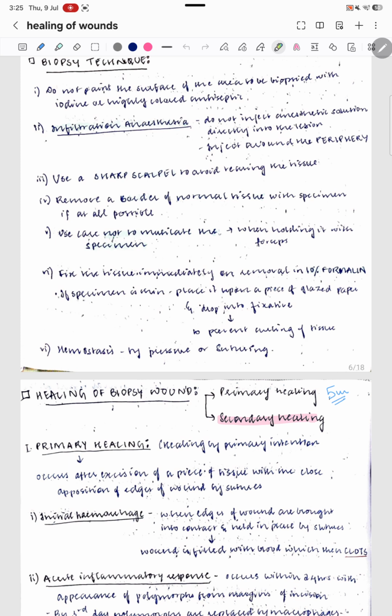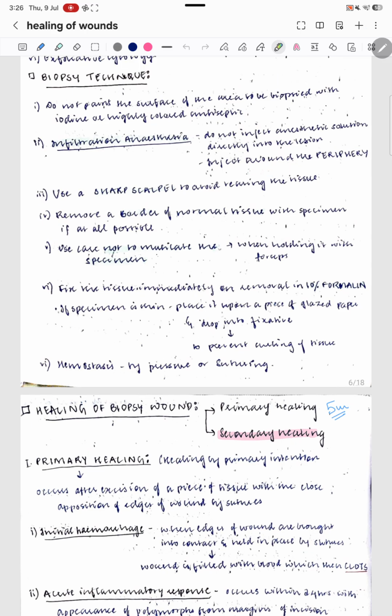We infiltrate the anesthesia solution not directly into the lesion but around the periphery of the lesion. So we mark the borders of the biopsy, and then inject the anesthesia in the periphery, not in the center.